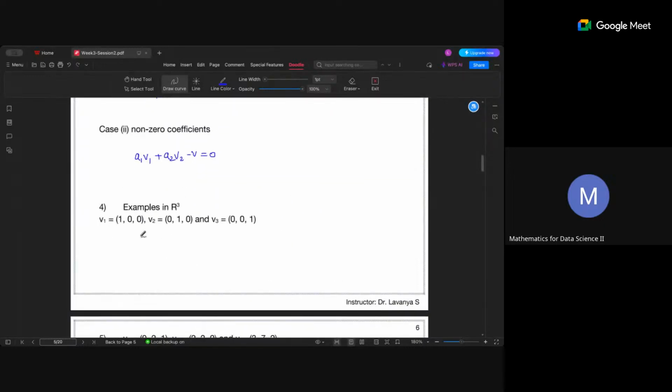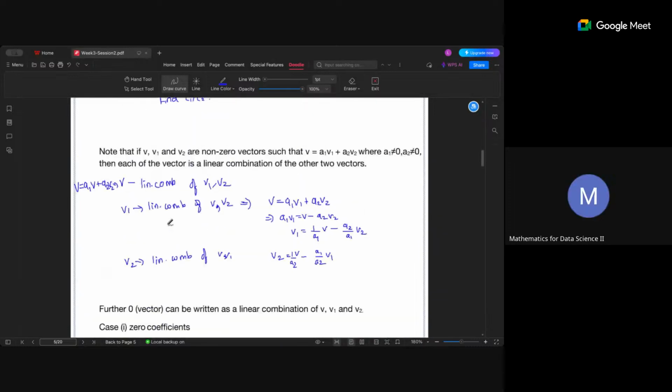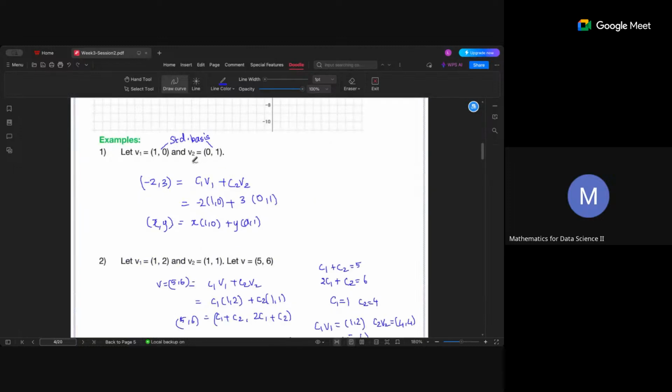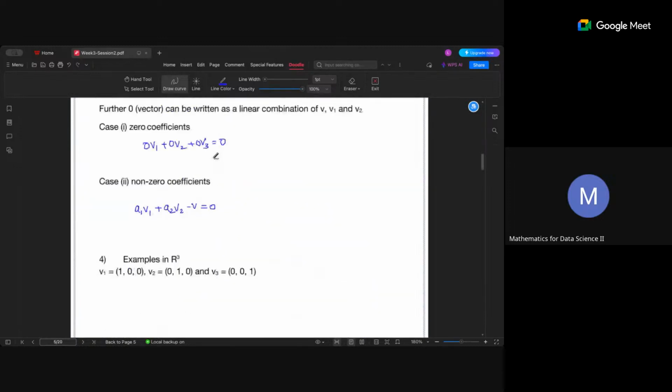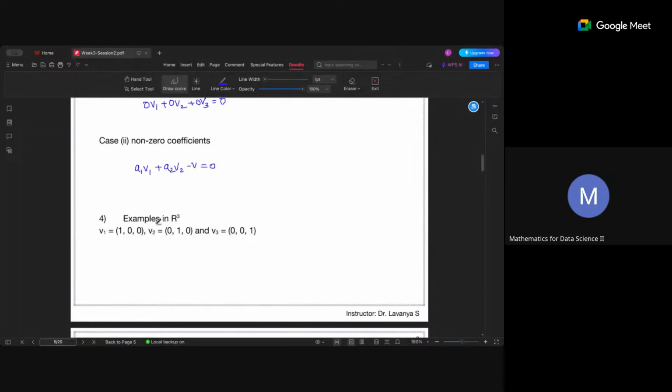Now V1, V2, V3 in R3, now we are considering these vectors. Does this look similar to some example which we saw earlier? Yes, ma'am. So this looks similar to this set of vectors from R2. Again, this is a standard basis we say for R3.